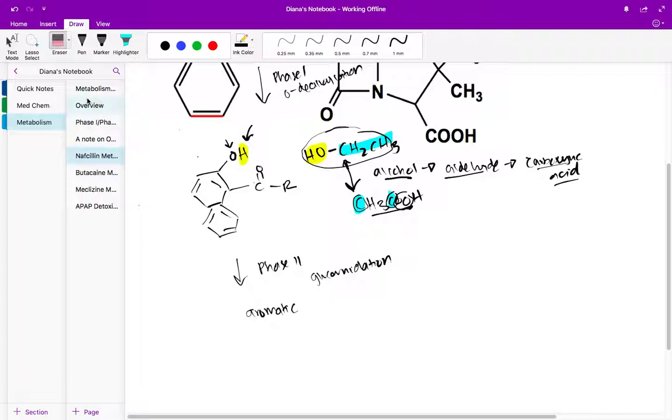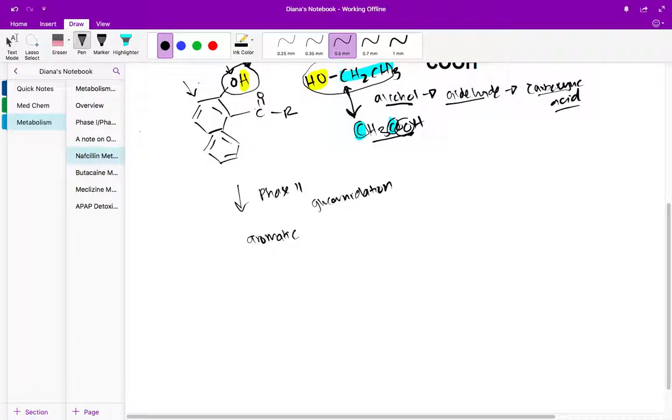Why is this an aromatic alcohol? Well, it's an OH attached to a benzene ring. This aromatic alcohol, an OH attached to a benzene ring, can undergo sulfate conjugation. This phenol, or aromatic alcohol, can undergo another phase 2 reaction called sulfation.